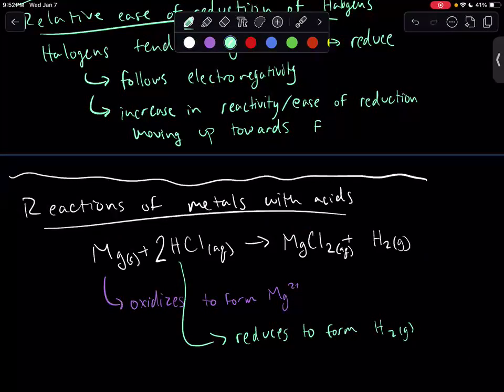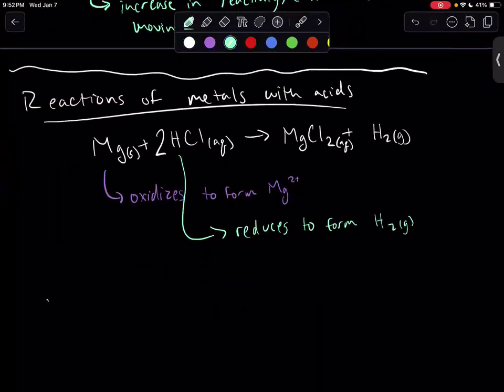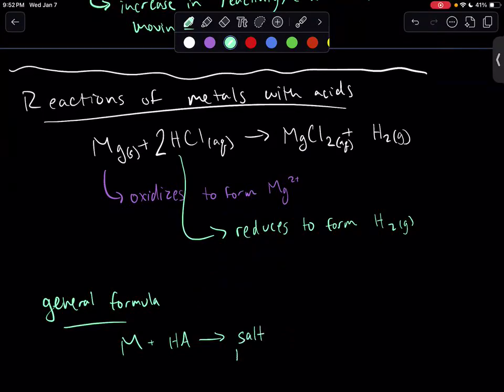So the general formula for our metals with acid is going to just be metal plus acid reacts to form salt, which is just your metal plus acid anion, plus hydrogen gas.